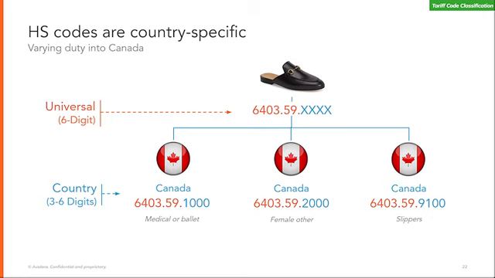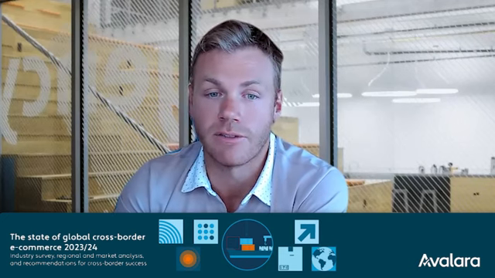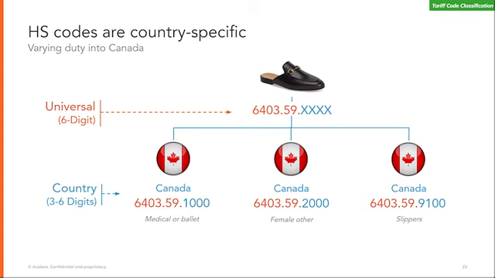And it will differ not only on the type of materials that are used, but also the use case of that product. So in this example, this loafer could be classified for medical or ballet reasons. It could be classified as a female shoe, or it could be classified as slippers. And you can see the varying duty rates amongst those different use cases.